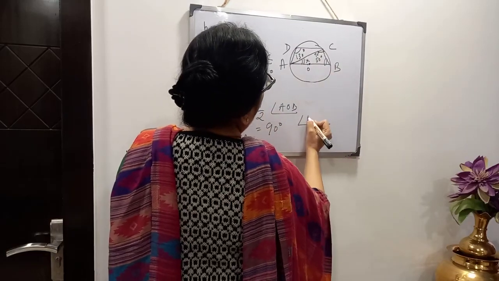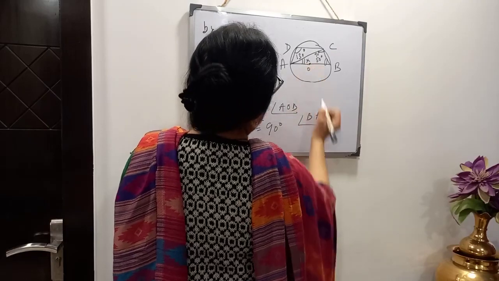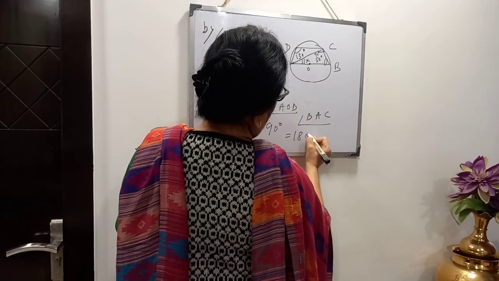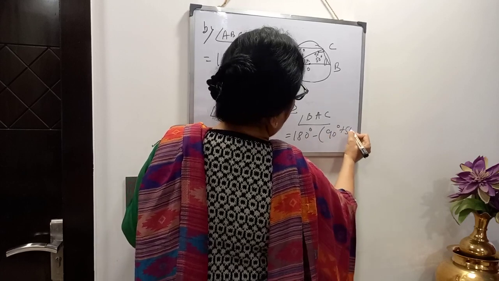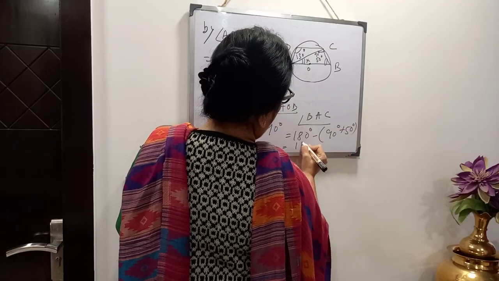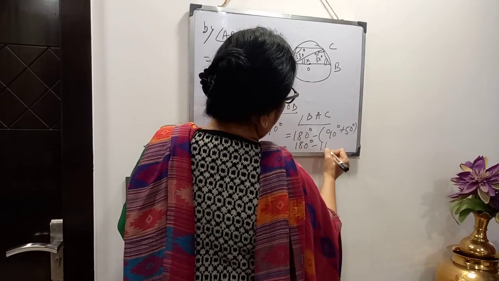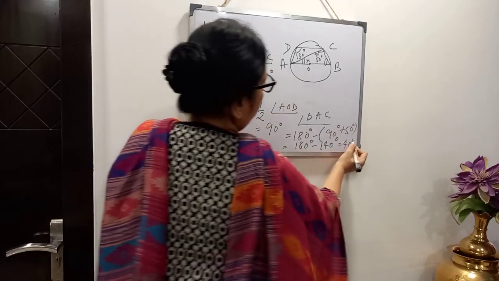So it is very easy. BAC equals 180 degrees minus the sum of the other two angles. 180 minus 140, so it is coming 40 degrees.